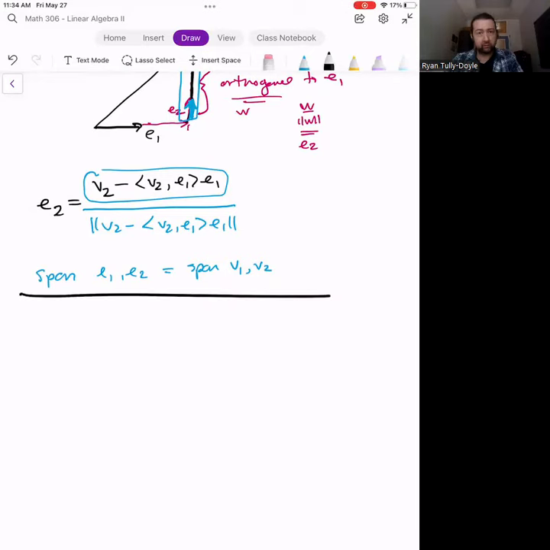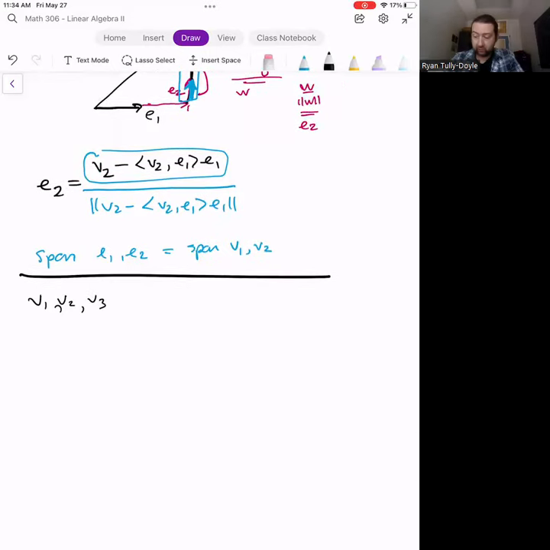So how would it work in the 3 vector case? If we have a V1 and a V2 and a V3, and I want to orthogonalize this set, or Gram-Schmidt it, then what I can do is the following. We're going to let E1 be equal to V1 divided by the length of V1. And for E2, we're going to do the same picture we had before. We're going to say, take V2, subtract the projection of V2 onto E1, make it a unit vector.